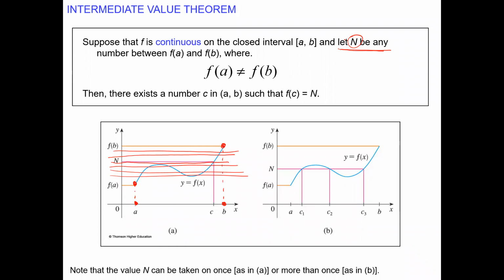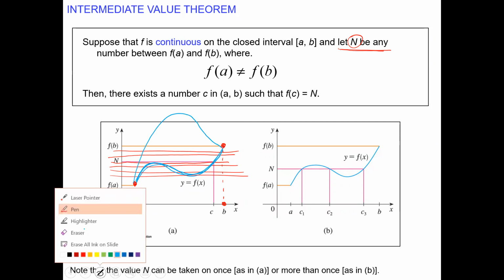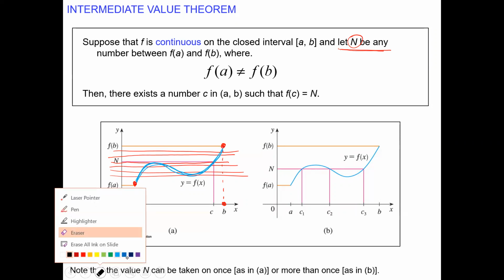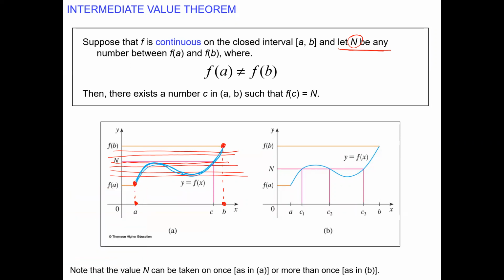And this theorem is telling us that the line will always intersect that curve, right? Because the curve is continuous. Whichever way I draw it, I have to connect these two dots, because the function is continuous. It will always intersect.